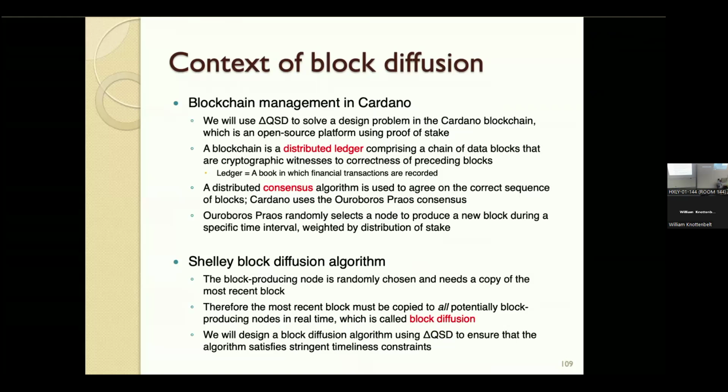We're going to design the block diffusion algorithm using ΔQSD and make sure that it satisfies some very important timeliness constraints. What is the time constraint? Bitcoin is once every 10 minutes and Ethereum once every 50 seconds. Exponentially distributed, 20 seconds. The block has to be distributed to 95% of the stake within 5 seconds.